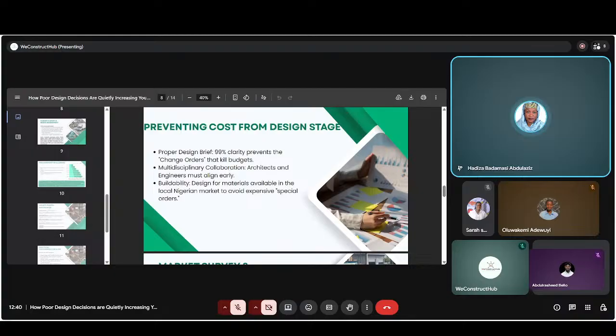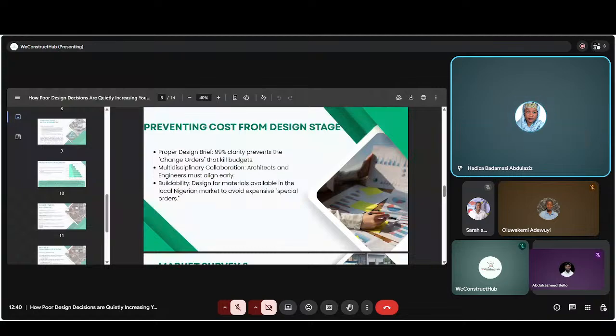We're all talking about sustainability, whether we like it or not. So cost control is not about cutting corners. It is about making the right decision early in the design process. When design is clear, coordinated, and practical, projects run smoother, waste is reduced, and budgets stay under control.